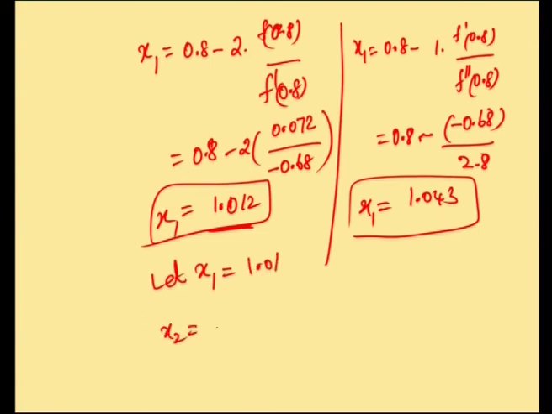Then calculate x2 equal to 1.01 minus 2 into f of 1.01 divided by f dash of 1.01, and this happens to be 1.001. Calculating x2 in the other format, x2 is equal to x1 minus 1 into f dash of x1 divided by f double dash of x1.